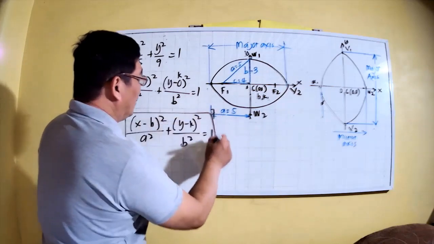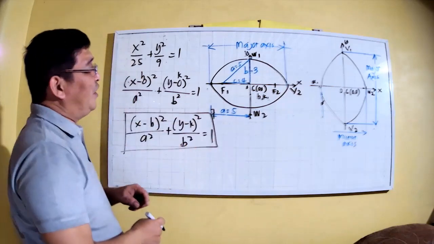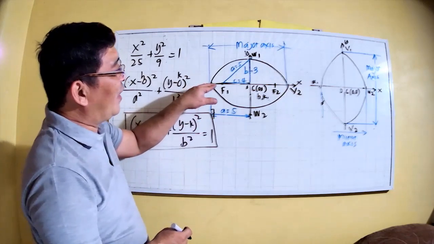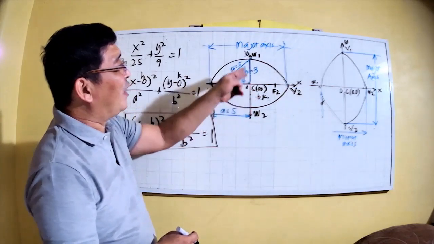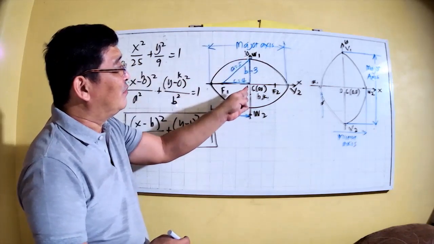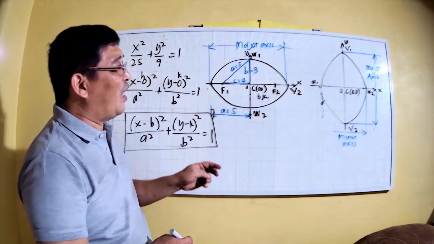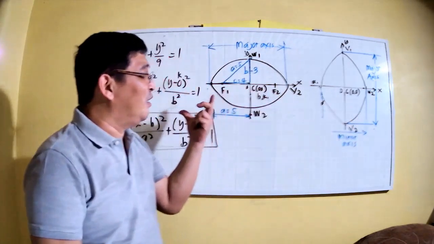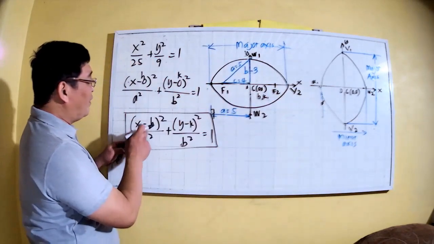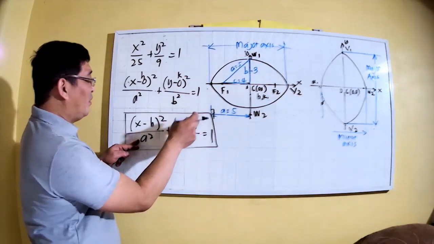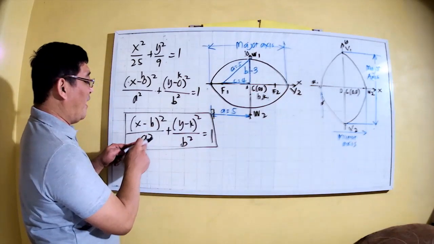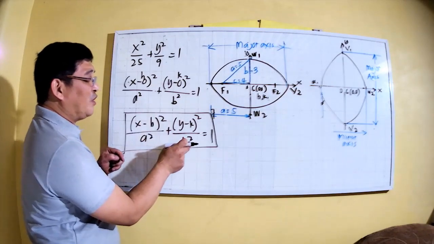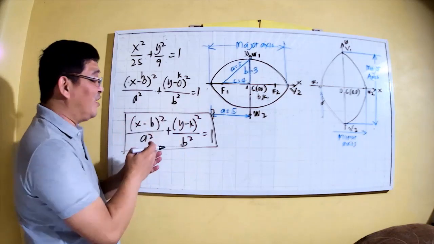So this is the equation of an ellipse in general standard form with major axis along the x-axis and minor axis along the y-axis. What will happen if we are going to rotate this graph? We will now have under y squared, a squared, and under x minus h squared, you have b squared. So it will interchange.